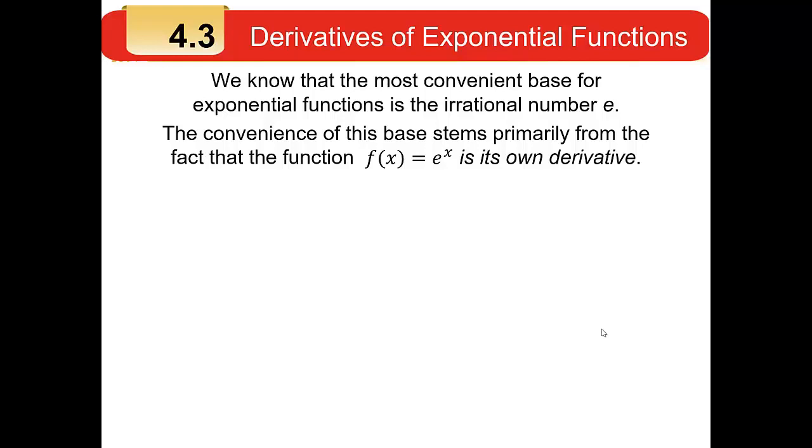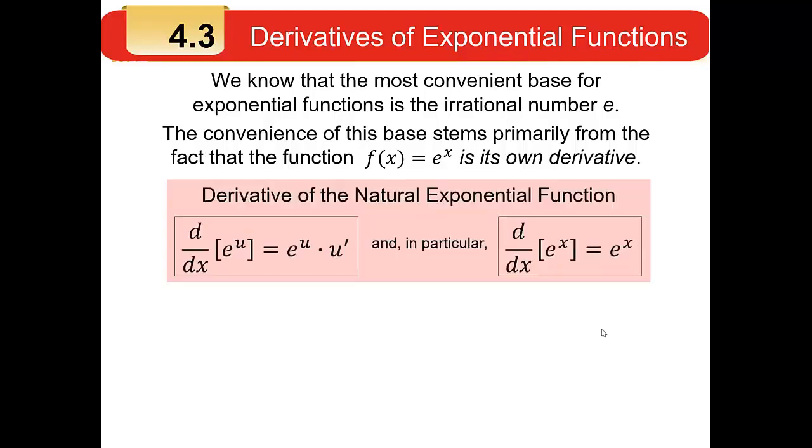That turns out to be a very convenient property, which I've summarized here. In general, if we apply the chain rule to that, we have the formula on the left which says the derivative of e to the u is equal to e to the u times the derivative of u.